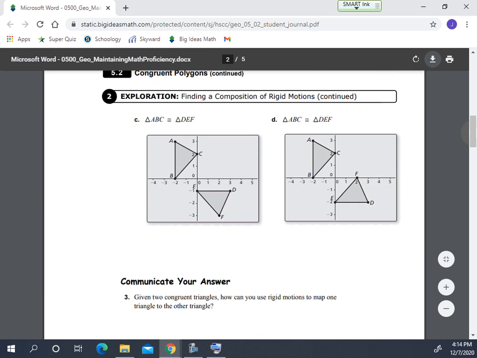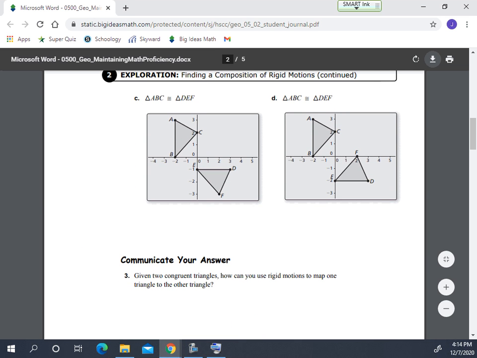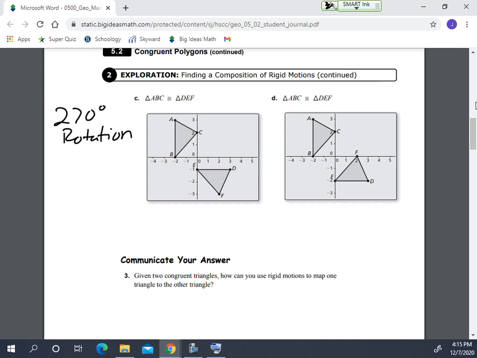Moving on. Part C. Part C is a 270-degree rotation. Okay, so 270-degree rotation. If you think about our rotation rules, right? So let's start with A at -2, 3.